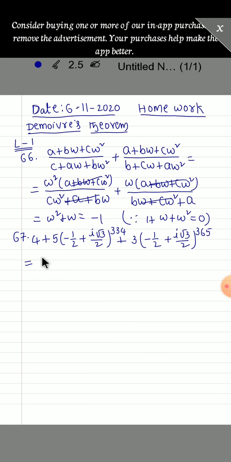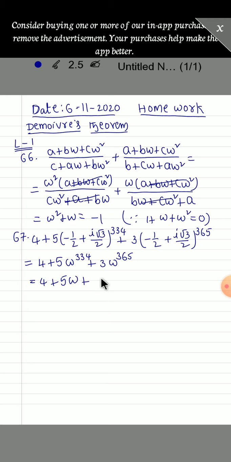So this bracket value is clearly omega. That is, 4 plus 5 into omega power 334 plus 3 into omega power 365. So omega power 334, divide 334 by 3, the remainder is 1, so omega.